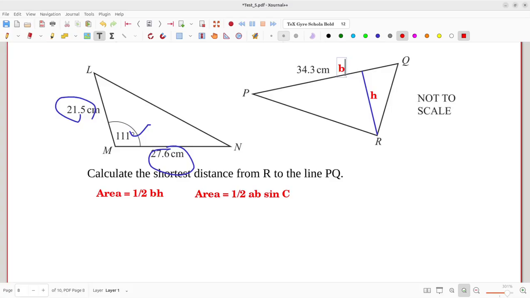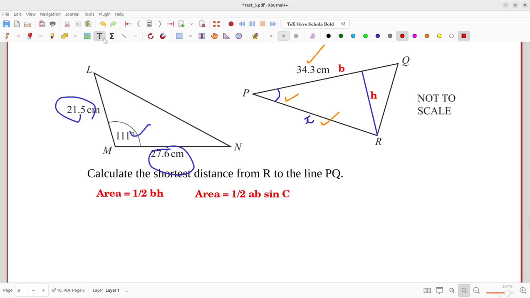Now, if I know this angle here together with this side here, let's just say what I know for this triangle, it's this one, 1, 2, and 3. And I want to calculate what? The area.